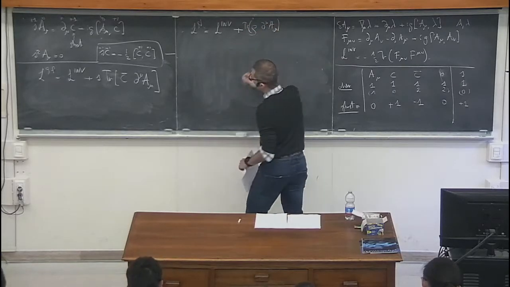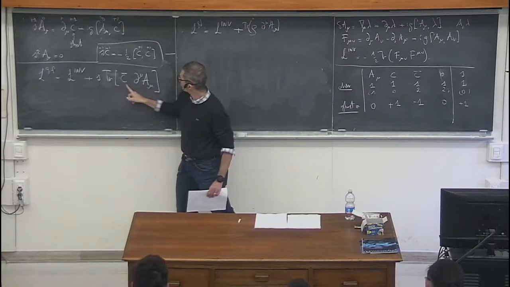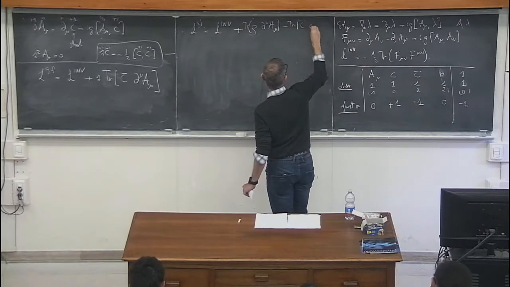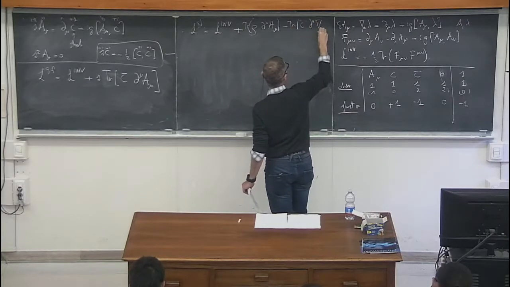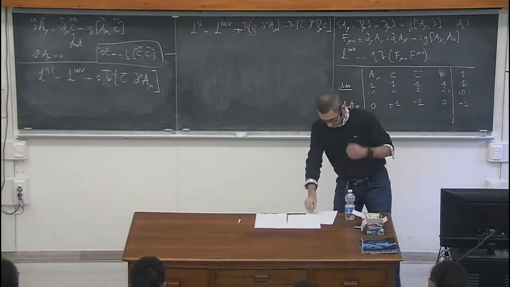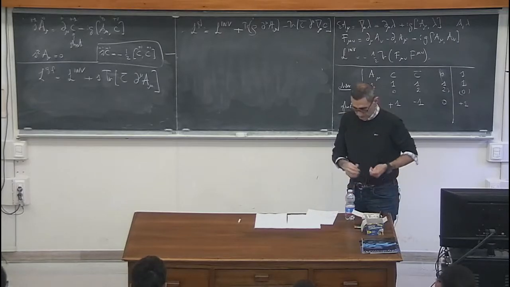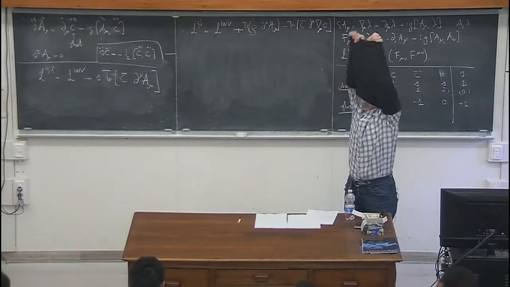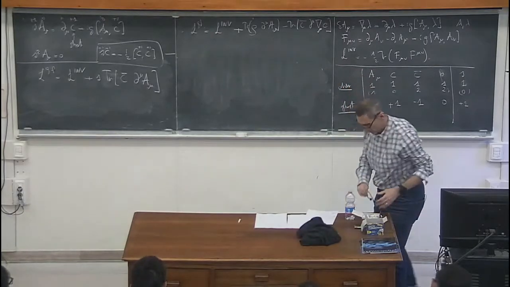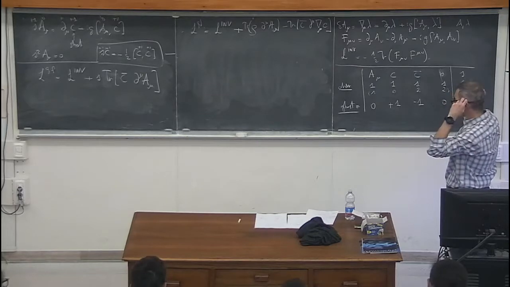Okay, and then the term is coming when S acts on A. So I have to go through C bar. So I get a minus trace of C bar d mu and covariant derivative of C. Okay, so we have these two terms.